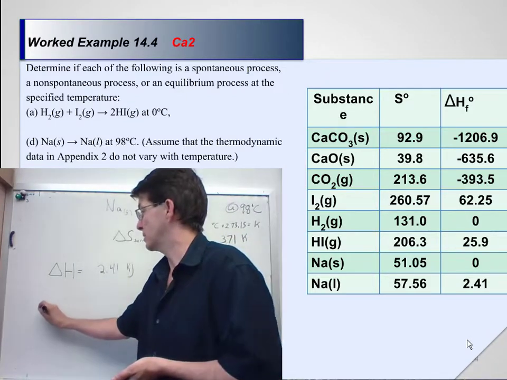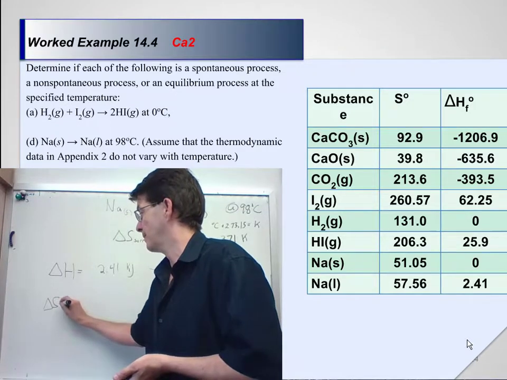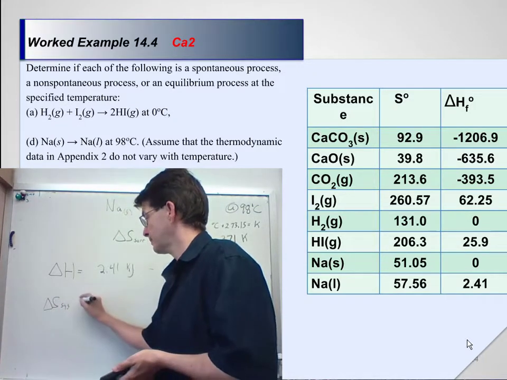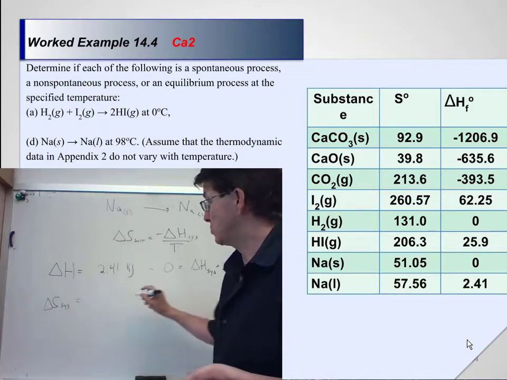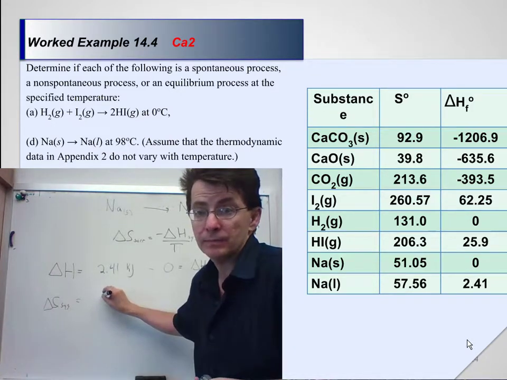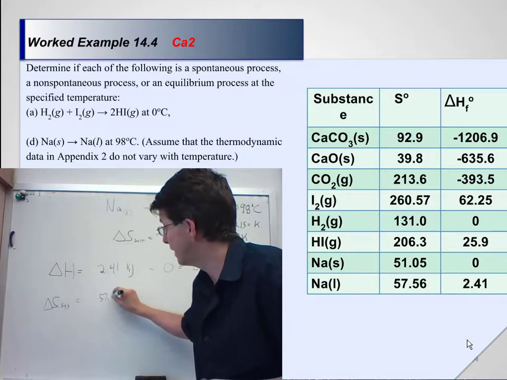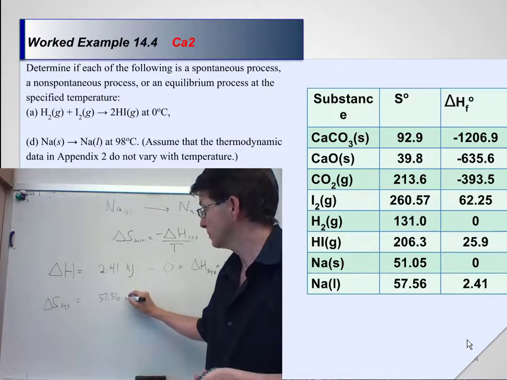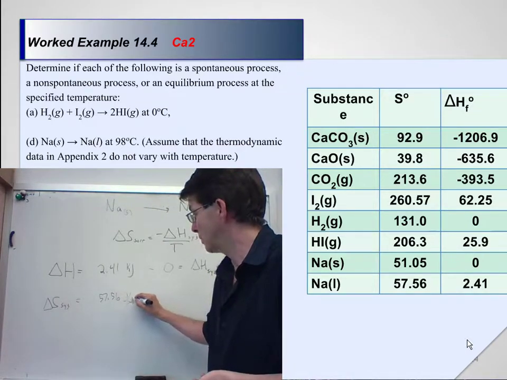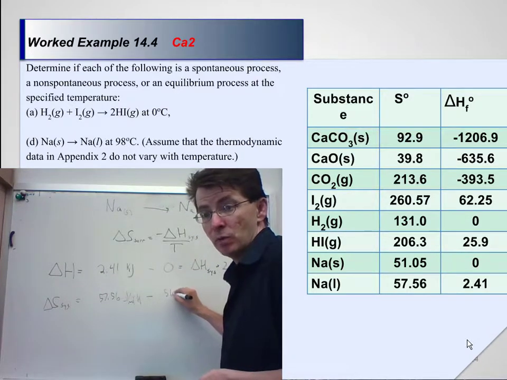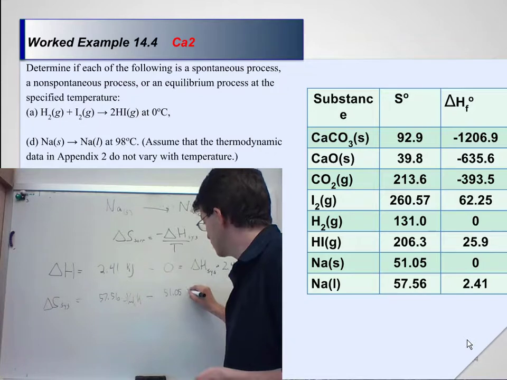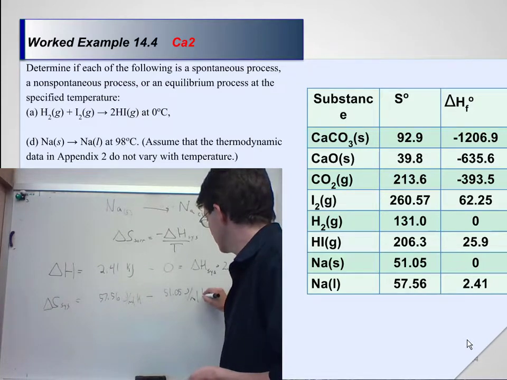In a similar fashion, we can figure out delta S of the system will equal products minus reactants, 57.56 joules per mole Kelvin minus the reactants, 51.05 joules per mole Kelvin.